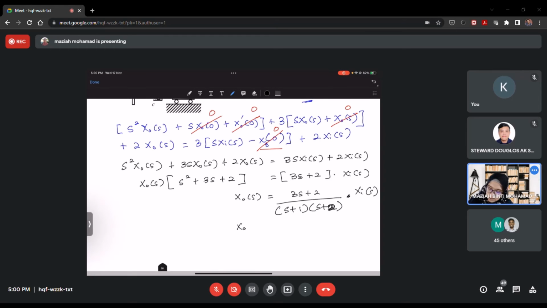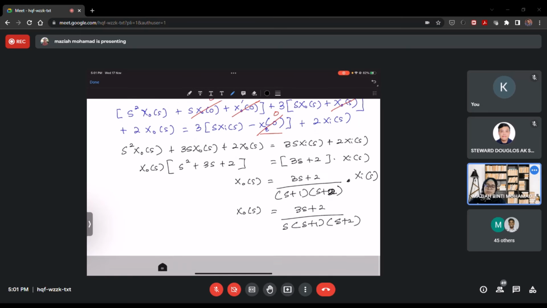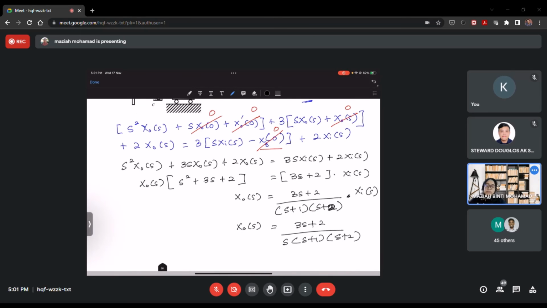Therefore, x naught s is equal to 3s plus 2 divided by s multiplied with s plus 1 multiplied with s plus 2. That is the Laplace form for the system after we apply the input. Then we do the partial fraction.